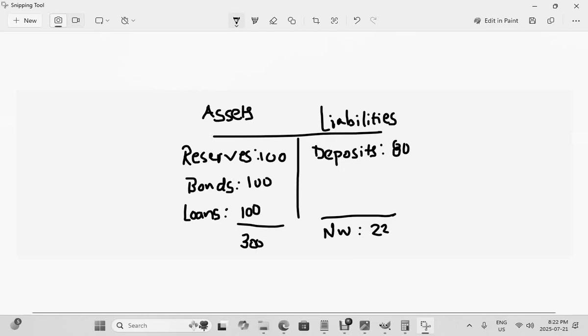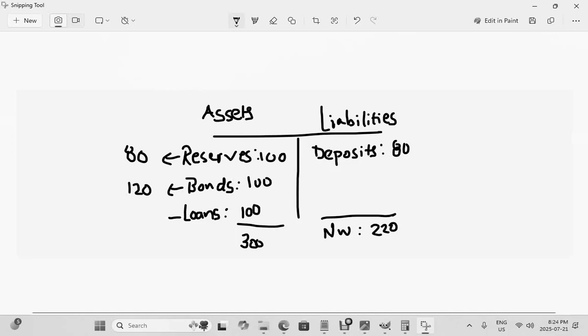220. So when the Federal Reserve goes ahead and sells bonds to commercial banks, let's say this is $20 million worth of bonds, you're going to add to bonds over here. This will become 120, and your reserves will be cut by 20 million. Your reserves will be 80 million over here.